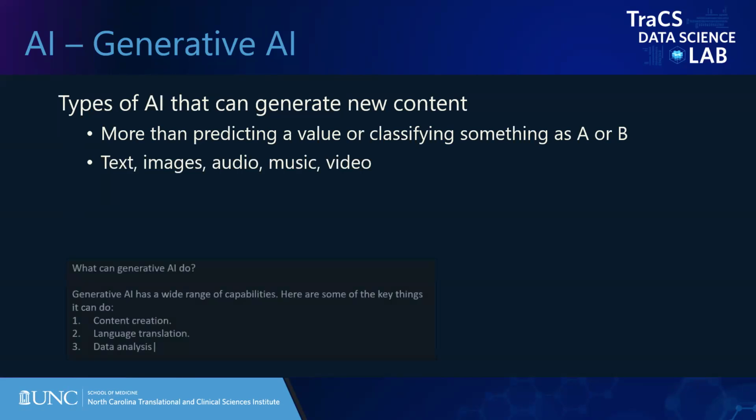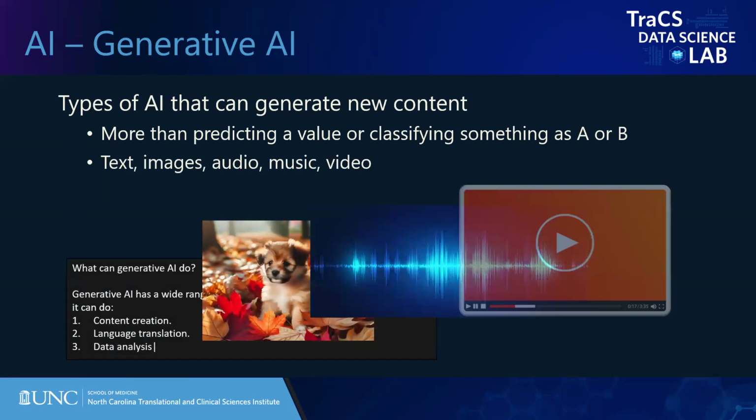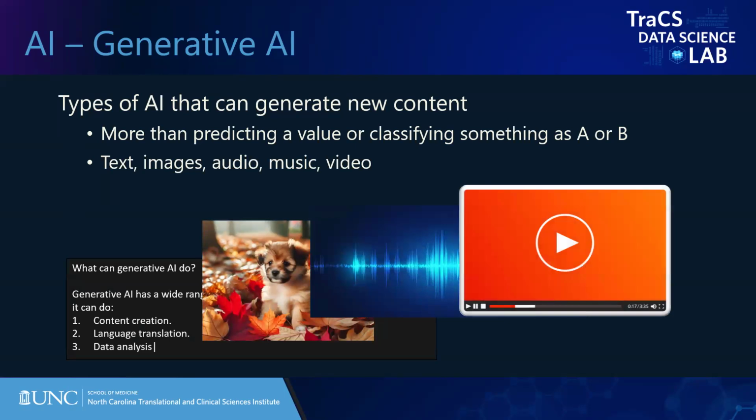So instead, it's generating things like text, images, audio, music, or video. And remember, generative AI falls within deep learning in our AI figure. So generative AI uses deep learning to achieve these things. That is, it's using those complex neural networks we saw with all of the different layers in them.